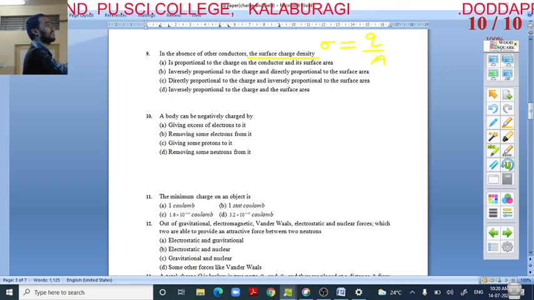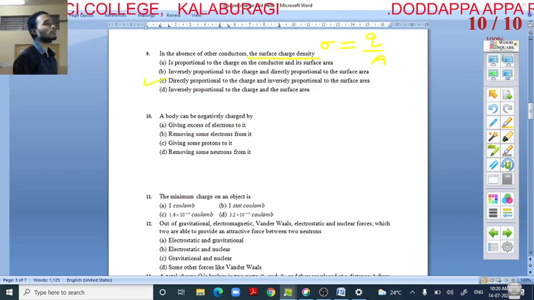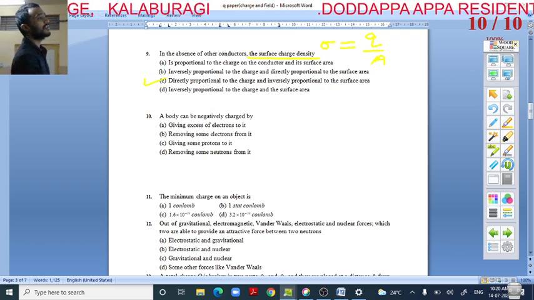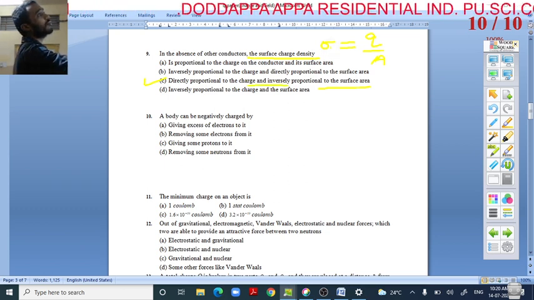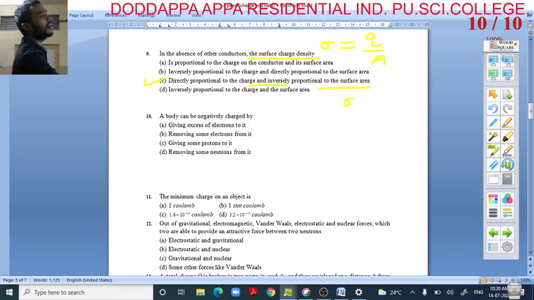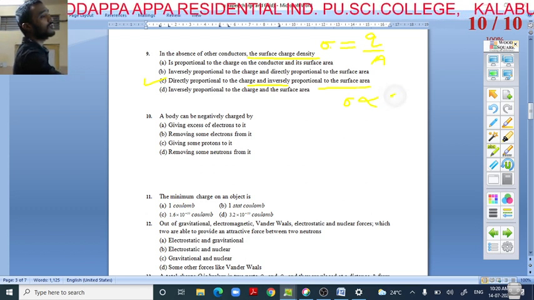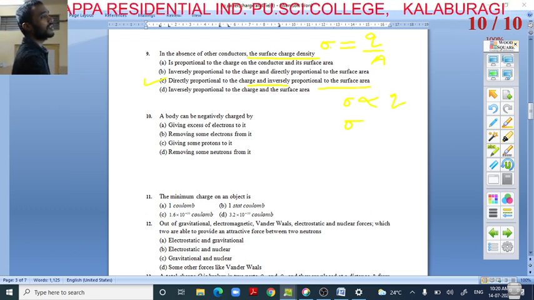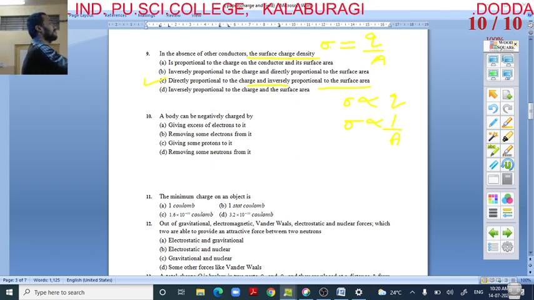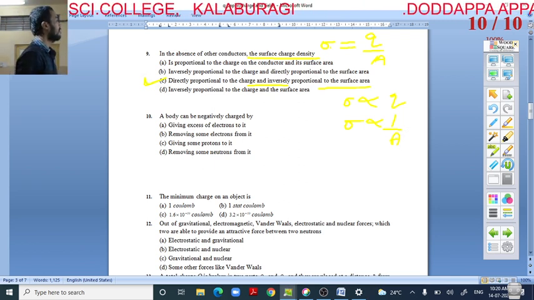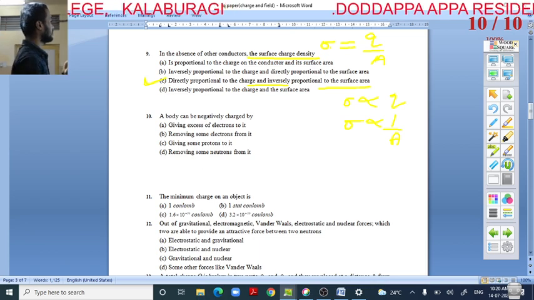So our option is directly proportional to the charge and inversely proportional to the surface area. Sigma is directly proportional to charge and inversely proportional to area. So our option is the third option. Right? Okay, next question.